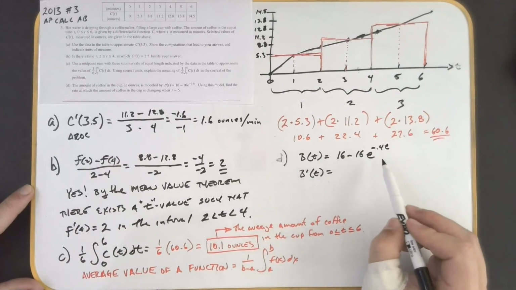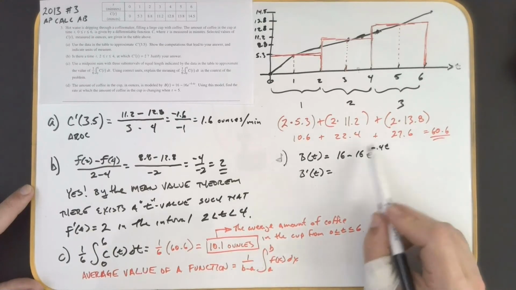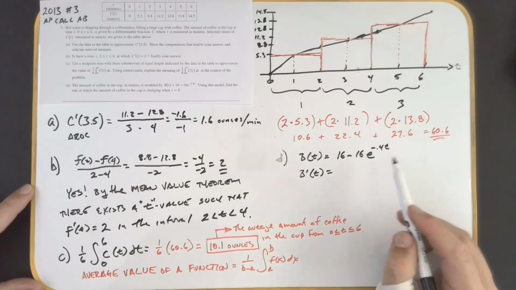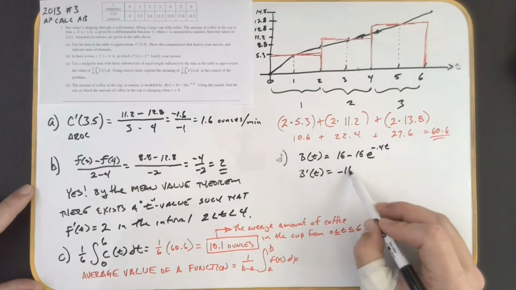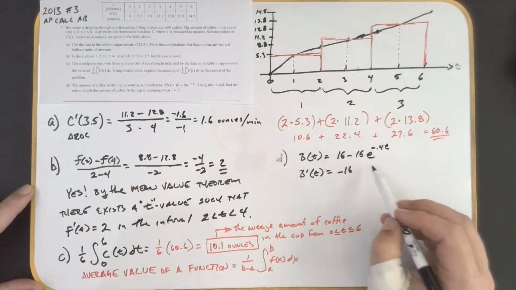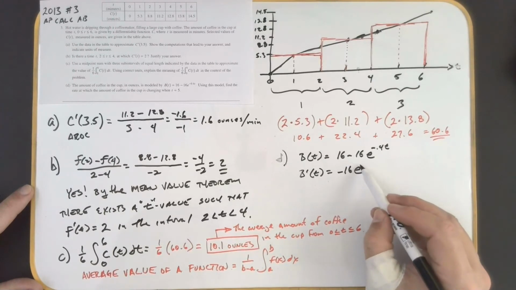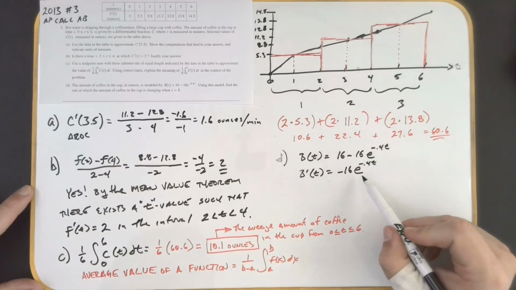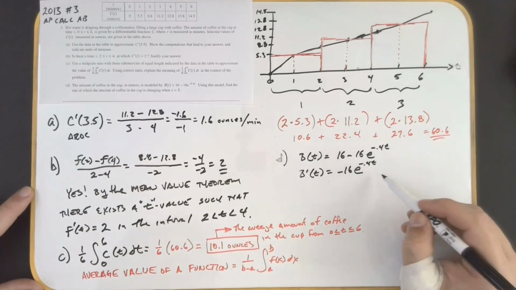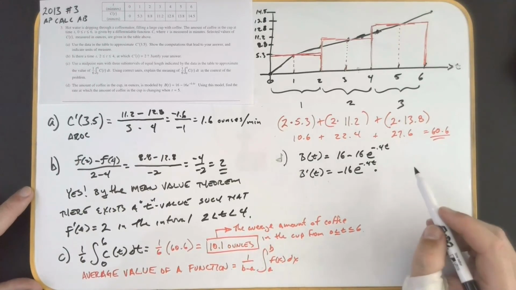So derivative of 16 is 0, and then we have the derivative of this exponential here with this coefficient out front. So that's just going to be negative 16, and remember the derivative here. So we've got e to the negative 0.4t, technically times the natural log of the base, but that's just 1 because it's e, times the derivative of the exponent.